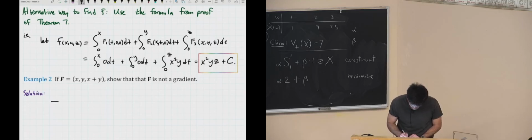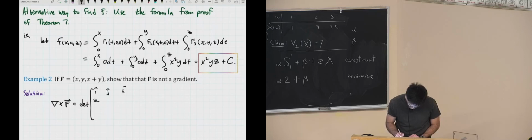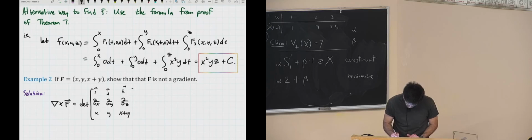So the curl is the determinant of i hat, j hat, k hat, partial x, partial y, partial z, of x, y, x plus y, equals 1 minus 0.